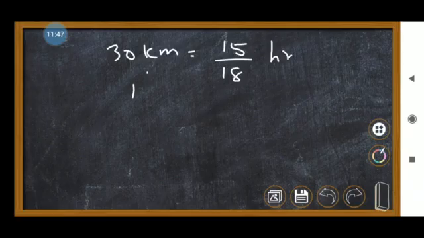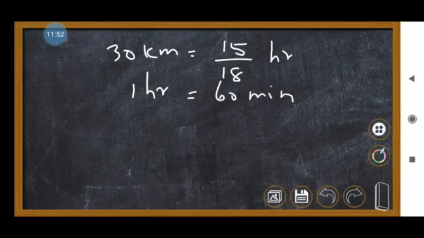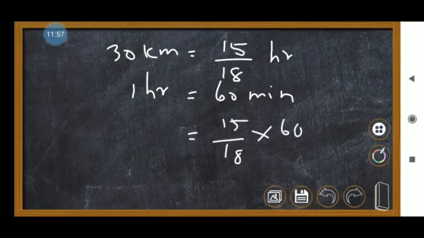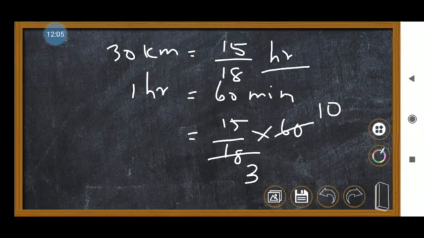For 1 hour, how many minutes? 1 hour equals 60 minutes. So 15 divided by 18 into 60. 3 sixes are 18, 10 sixes are 60. We simply have to convert hours into minutes because they asked in terms of minutes; otherwise we could leave it as 15 divided by 18 hours. 1 threes are 3, 5 threes are 15, so 5 into 10 is 50 minutes.